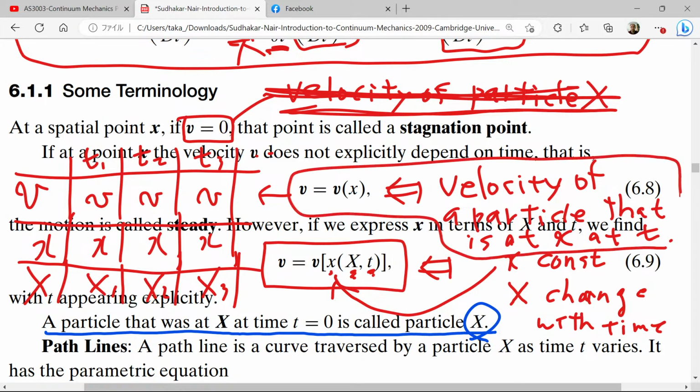This is a velocity of a particle that is placed at x at time t. So this is not a velocity of particle large x anymore. A particle that was at x at time t equals 0 is particle x. So this is not velocity of particle x.